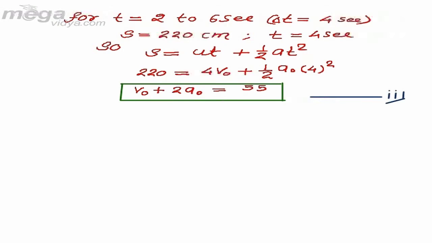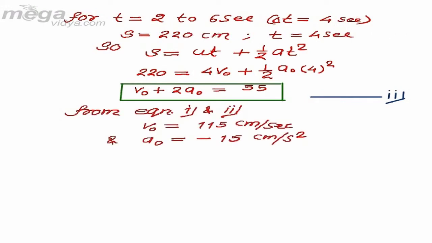So by solving equation number 1 and equation number 2 together, we get v naught equal to 115 centimeter per second and acceleration a naught to be minus 15 centimeter per second square. Here the minus sign indicates the retarding nature of the acceleration.